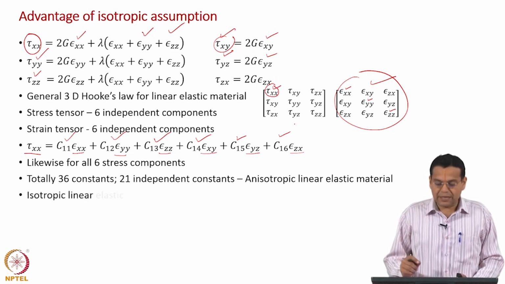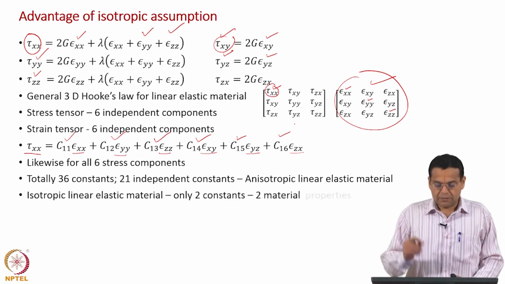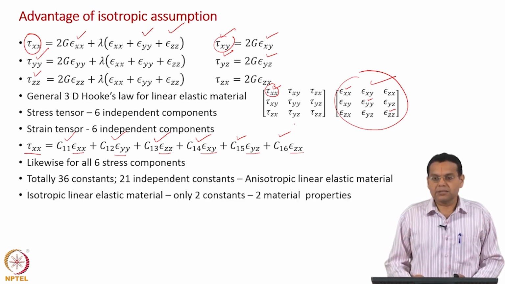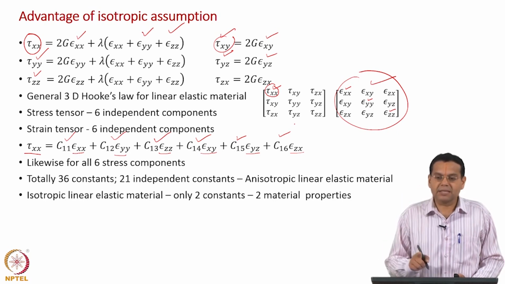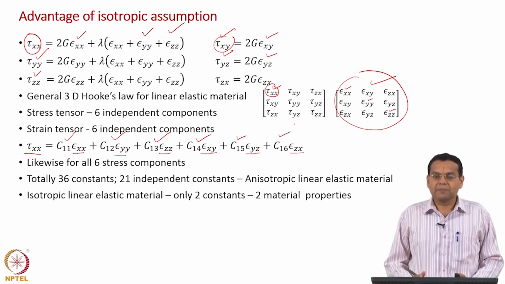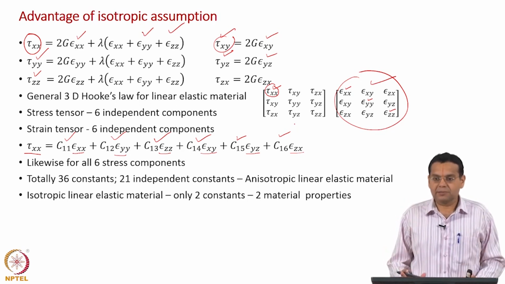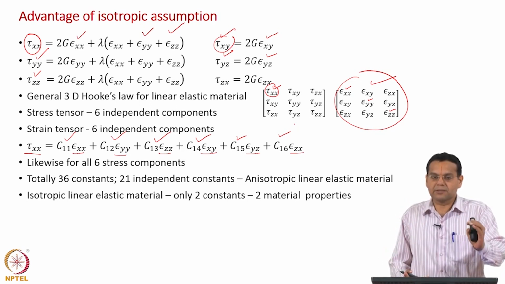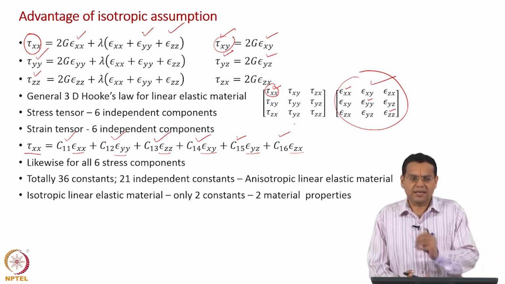But the moment you take the isotropic condition, as we have done here, we end up with only 2 constants, or 2 material properties. That is the luxury of assuming the isotropic condition. That is why we discussed the assumptions to begin with. The whole scope of our stress strain relationship is limited to those assumptions: homogeneous, isotropic, linear, elastic, solid.